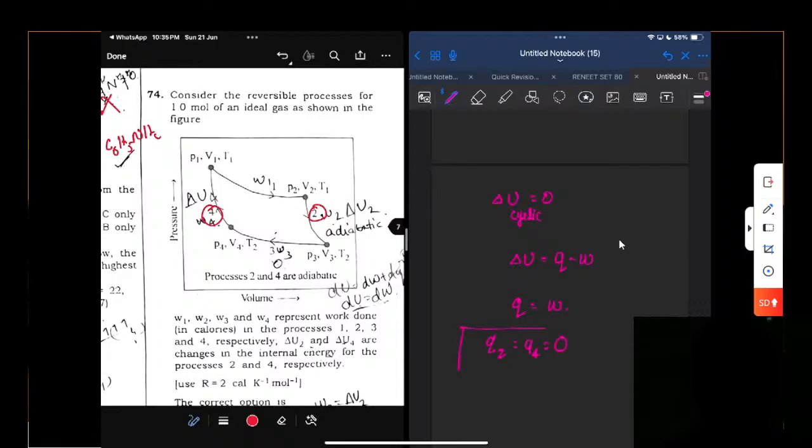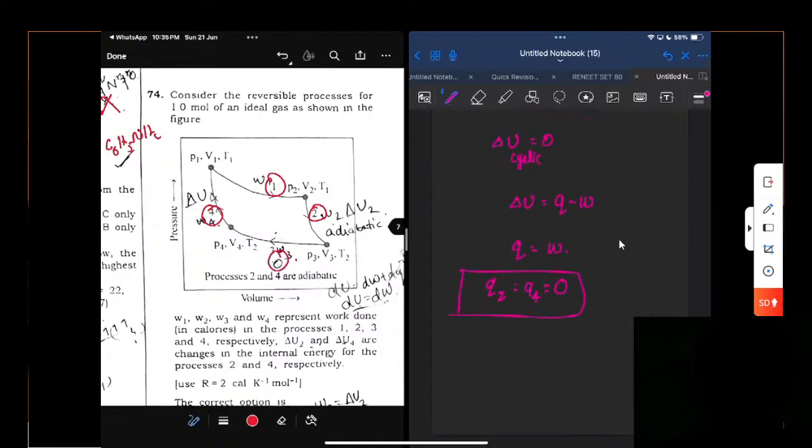The second and fourth processes are adiabatic in nature. So for the adiabatic process, Q2 is equal to Q4, which is equal to 0, because heat change will be 0. And processes 1 and 3 are isothermal. For an isothermal process of ideal gases, delta U1 is equal to delta U3, the internal energies will be equal.